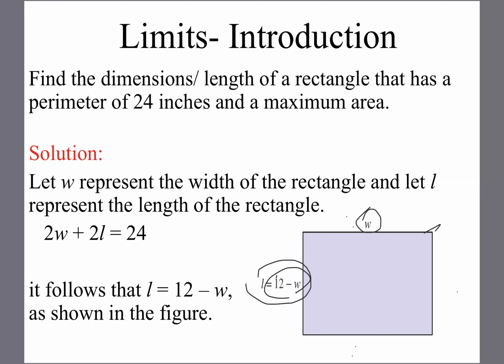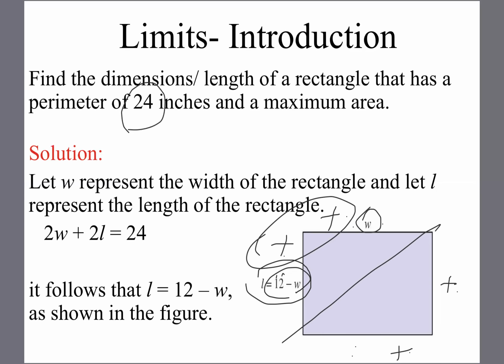When we add this one and this one, these 2 sides' length equals these 2 sides. Then half of the 24 is 12. 12 inches is equal to W plus L.